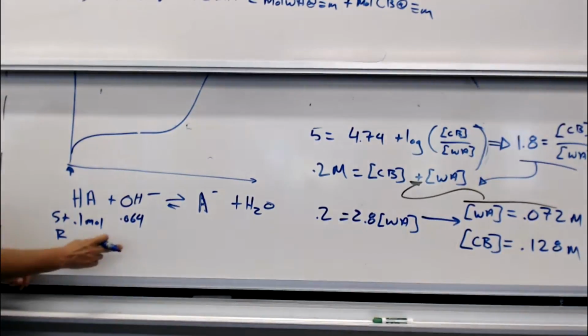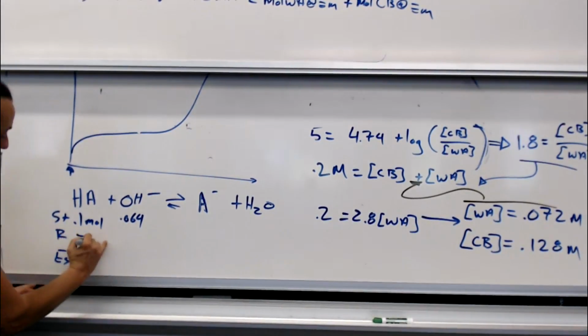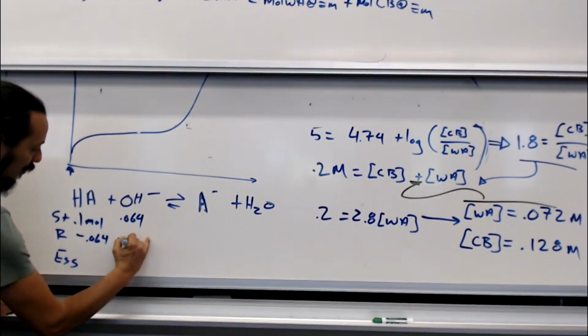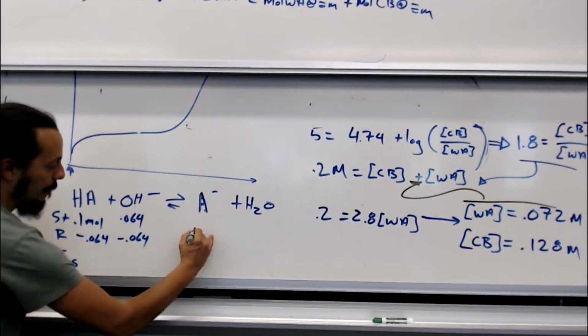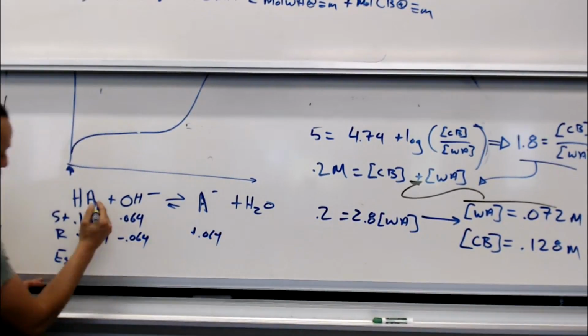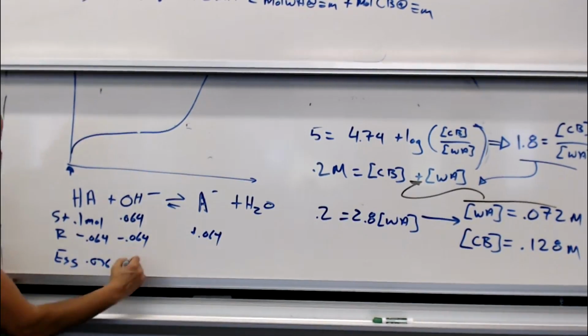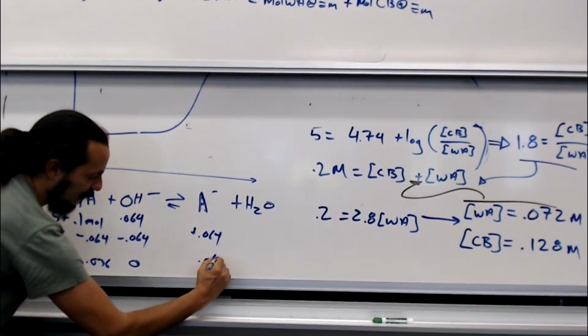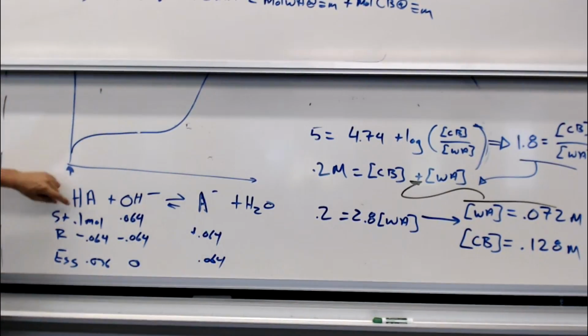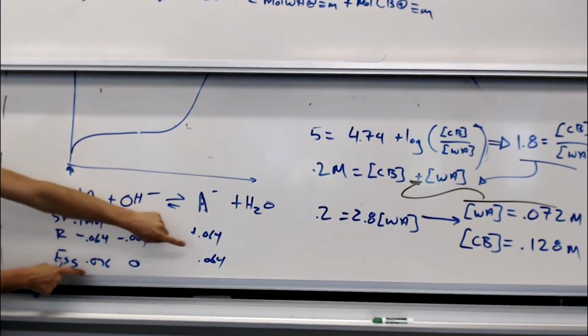The 0.064 is clearly the limiting reactant, so I'm going to minus 0.064, minus 0.064, plus 0.064. I'm going to have 0.1 minus 0.064. That gives me my 0.036 left over. 0.0 and 0.064. Notice all of it started as HA and becomes the conjugate base.